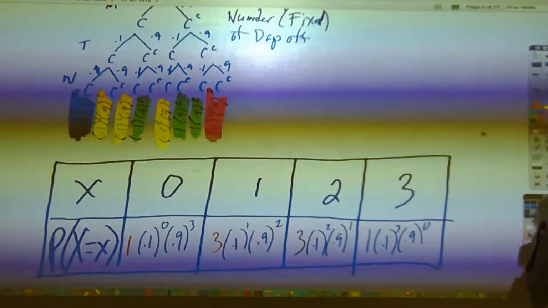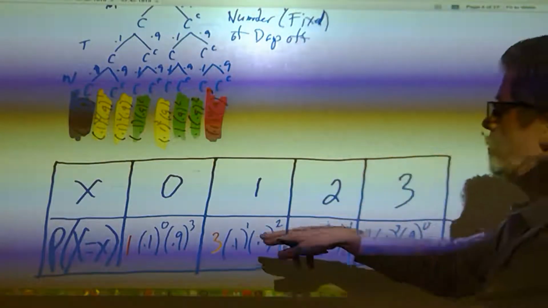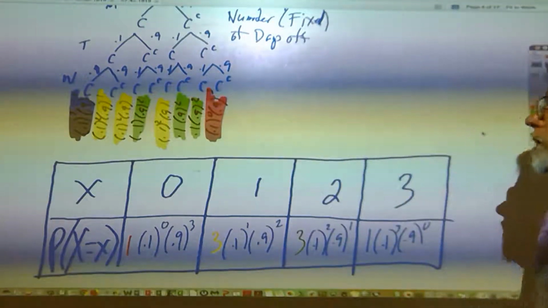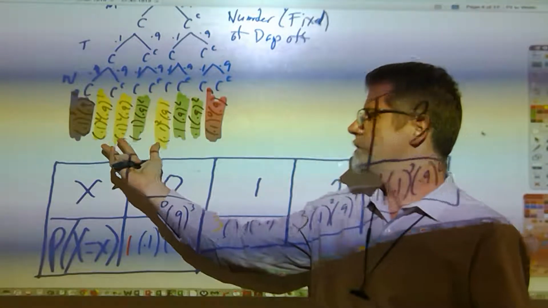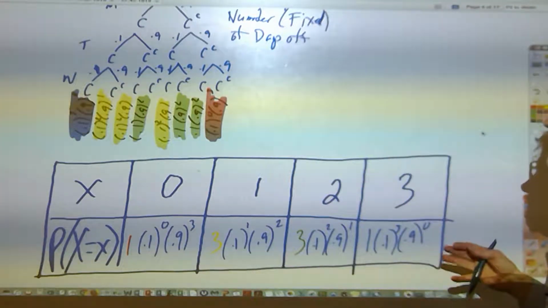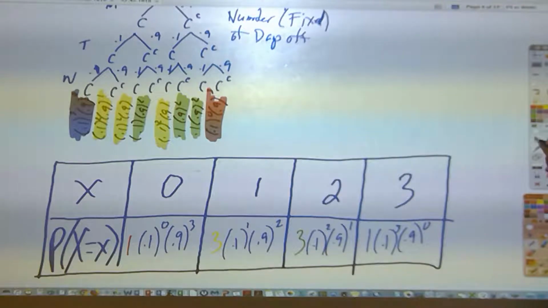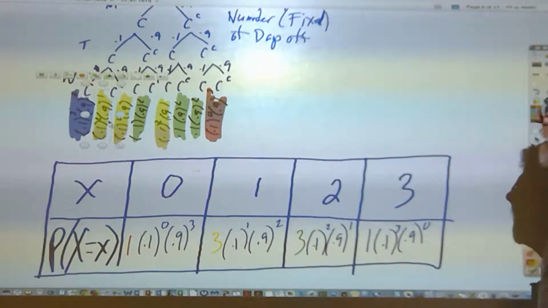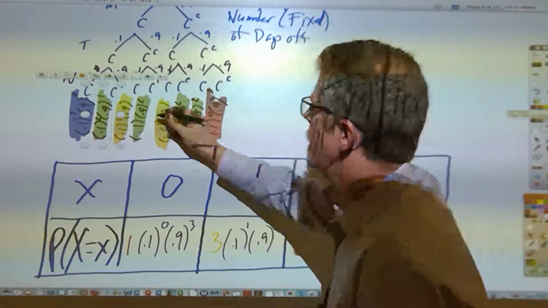I want it to be 0.1 to the first. I want it yellow. Okay, well, you get the idea. The table is symmetric.